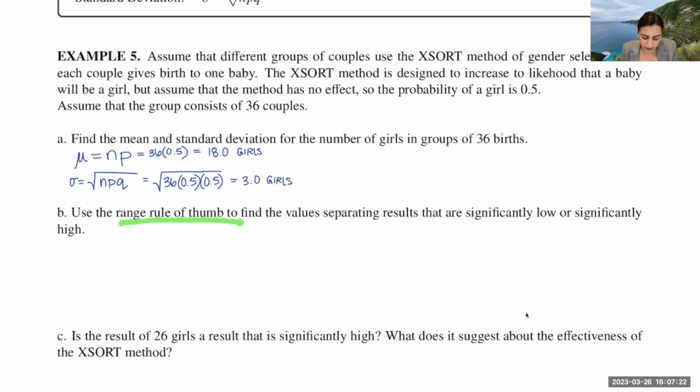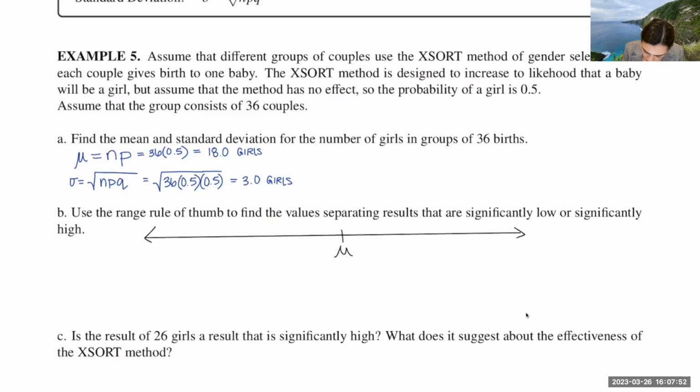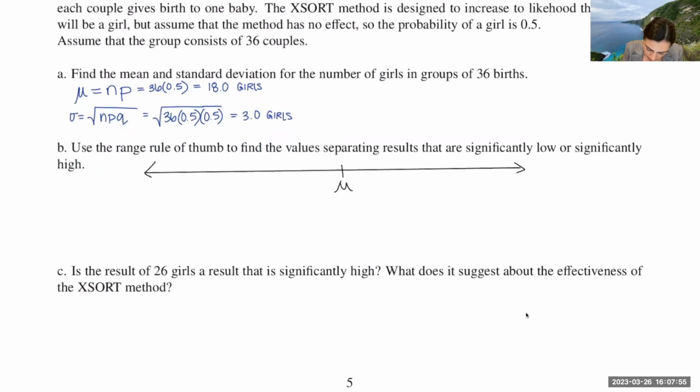Use the range rule of thumb to find the value separating results that are significantly low and significantly high. We know that a value would be significant if it's 2 standard deviations away from the mean. I'm going to draw my little number line again. Here's my mean. If I am 2 standard deviations above my mean, then I would be significantly high.